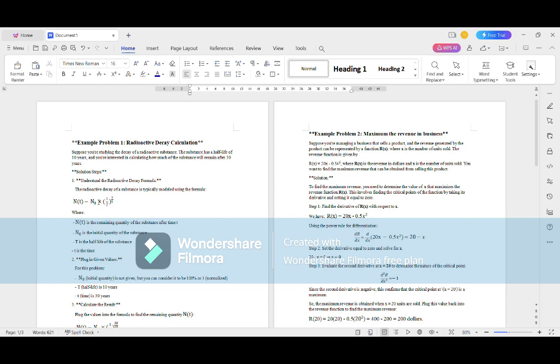From predicting stock prices to designing stable structures, functions are the mathematical backbone that empowers us to comprehend and manipulate the world around us. So let's go into detail on some math problems.